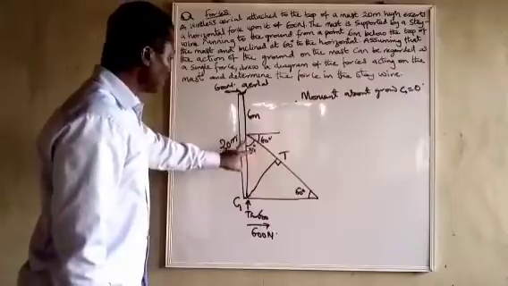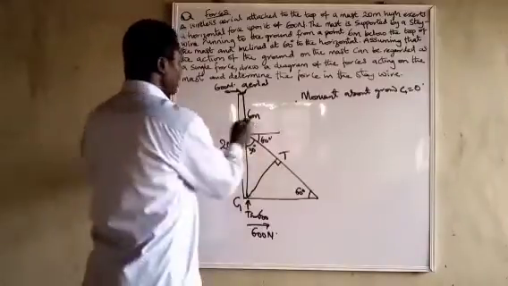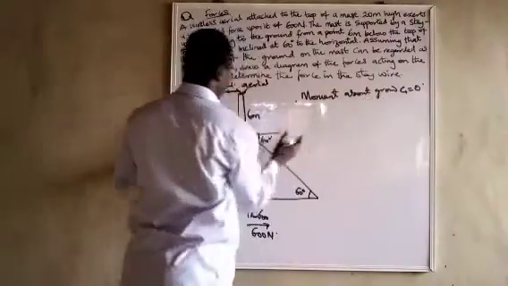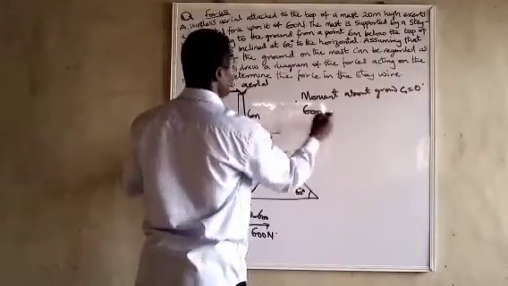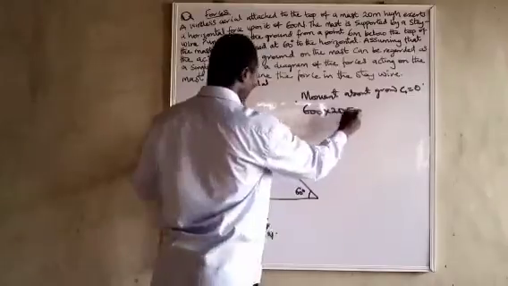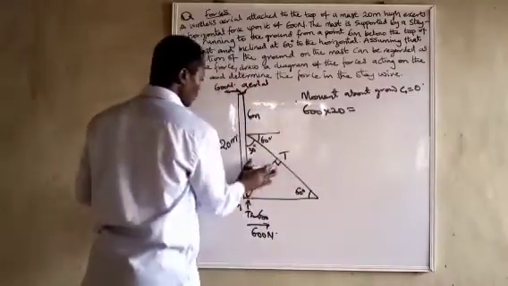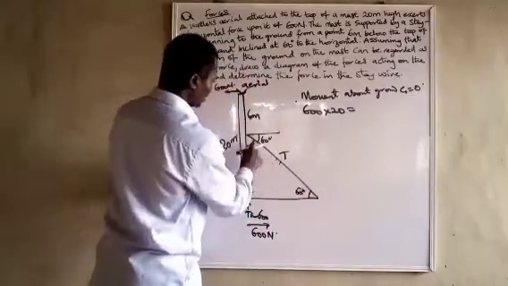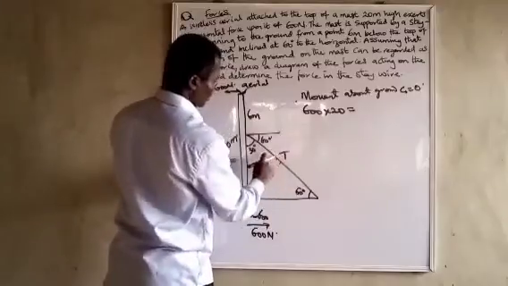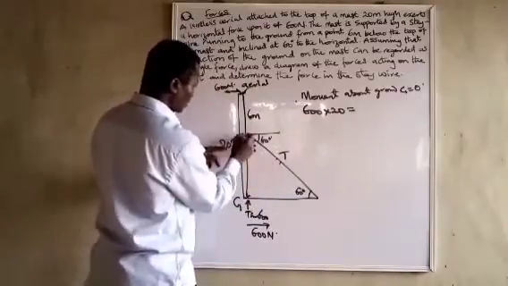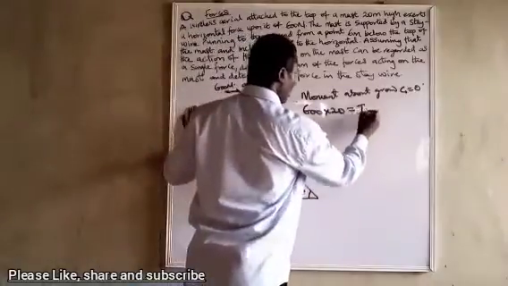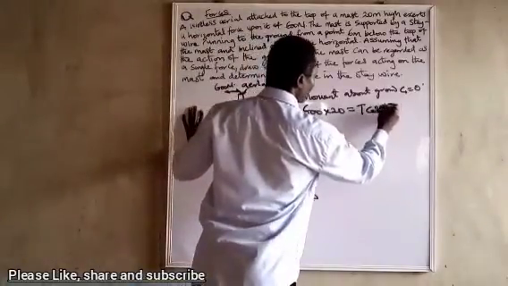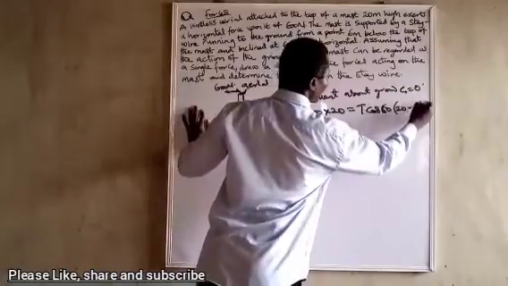But here now, we take the moment about this place, and the moment will be 0. The clockwise moment will be equal to the anticlockwise moment. So we have 600 times 20 equal to T cos 60 times 14, because from this place to this place, it will be 20 minus 6.